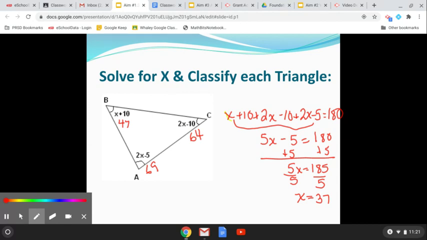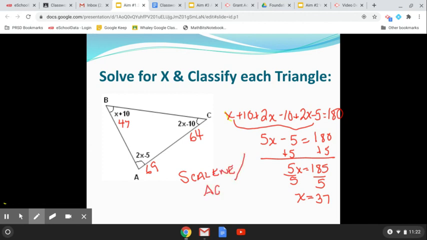And based on the fact that all of those angles are different, I can now conclude that this is a scalene acute triangle. So I can identify it really specifically. Not only is it scalene because all the angles are different, but it's also acute because all of the angles are less than 90 degrees.